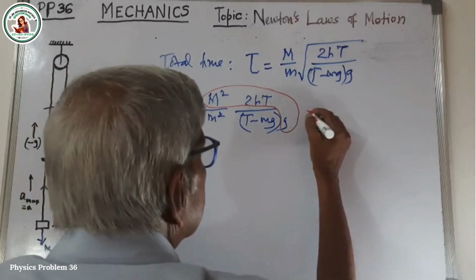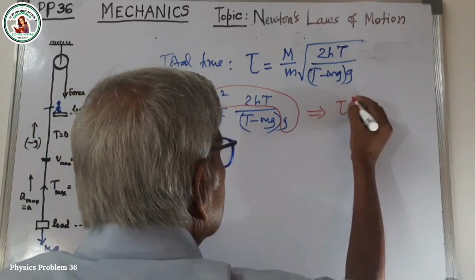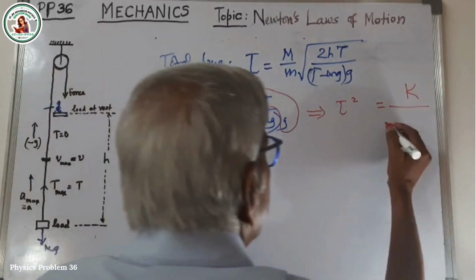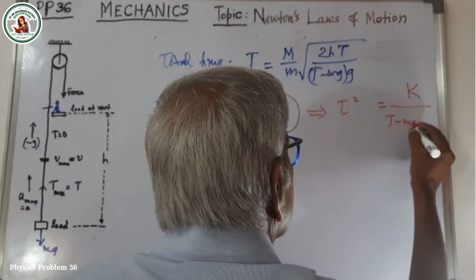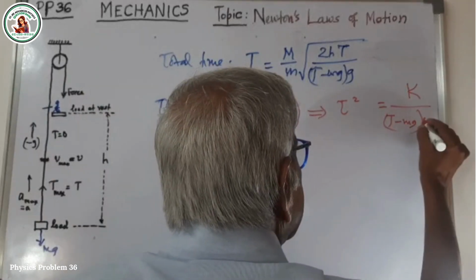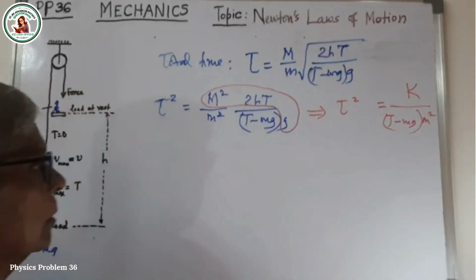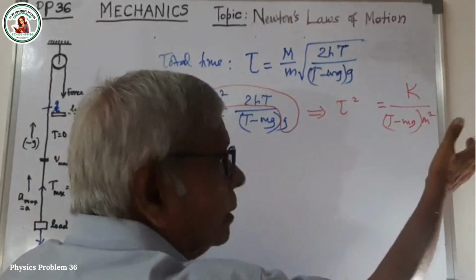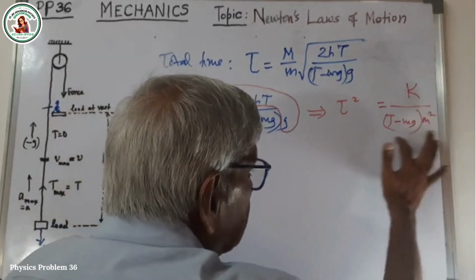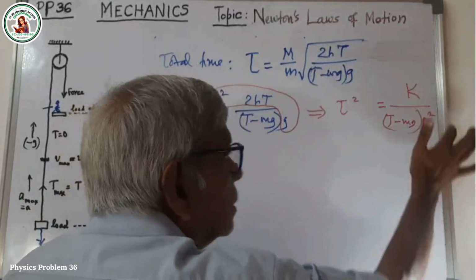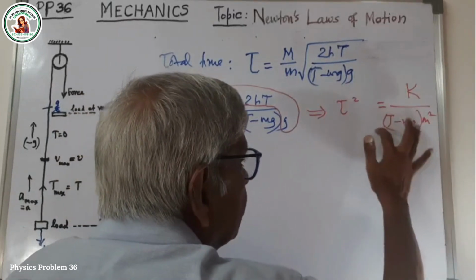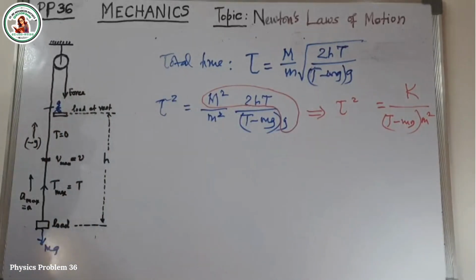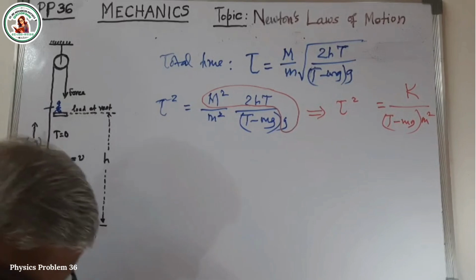So tau square is equal to some constant k divided by (T minus mg) into m square. This constant part we can ignore in the differentiation. This whole thing is to be minimized, so the differential coefficient of this must be 0.